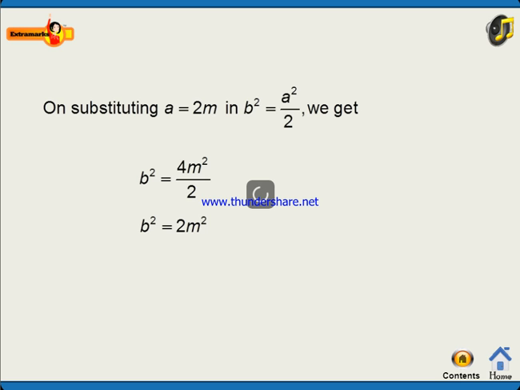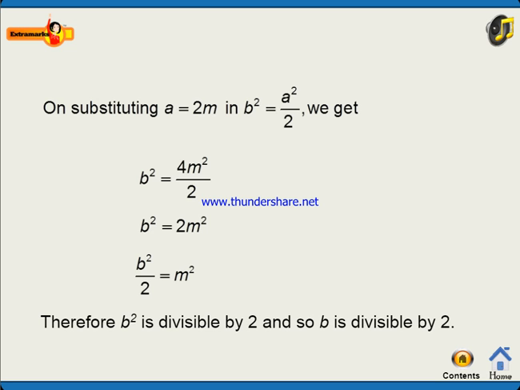On substituting a is equal to 2m in b square is equal to a square upon 2, we get b square equals 4m square upon 2, or b square upon 2 is equal to m square.